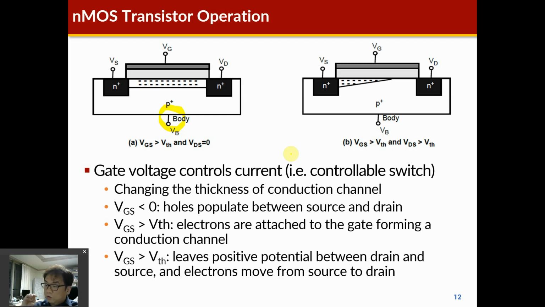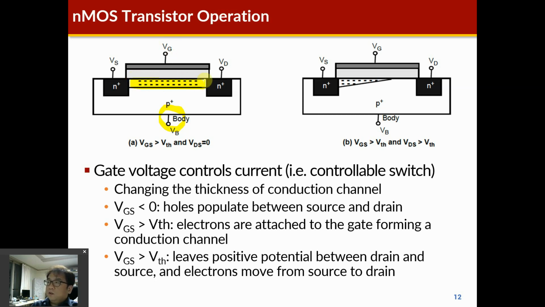What is a voltage controlled switch? In the transistor, the electrons or holes flow between source and drain, or drain to source. The electrons or holes flow from source to drain when the channel is generated below the gate of the transistor. Then how can we generate this channel?